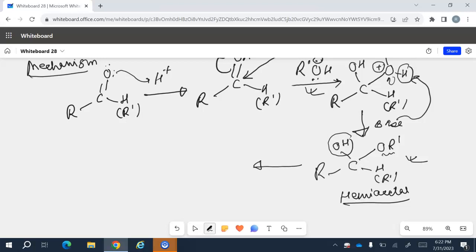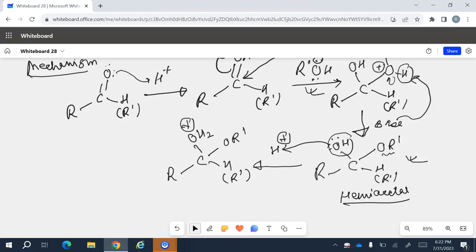First of all, we'll remove this OH group. For that, first you need to protonate it, because OH is a poor leaving group. So first protonate this, because it is in acidic condition, so you can easily have that H. So you have H, and this now becomes OH2 plus, which is a good leaving group now, and you have OR'.